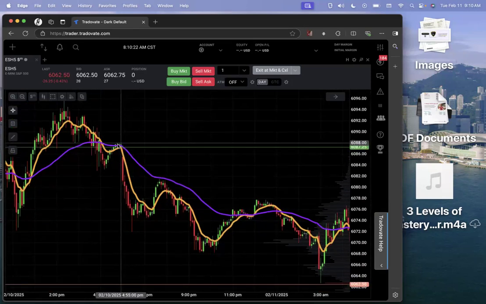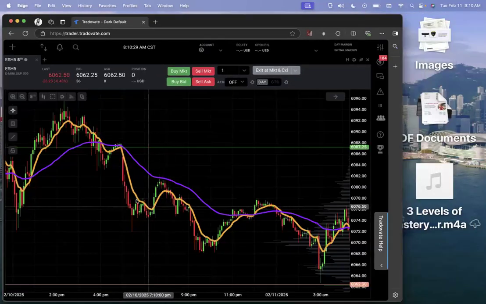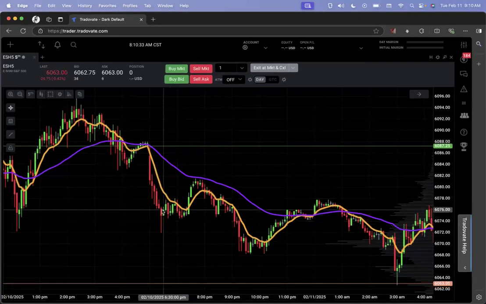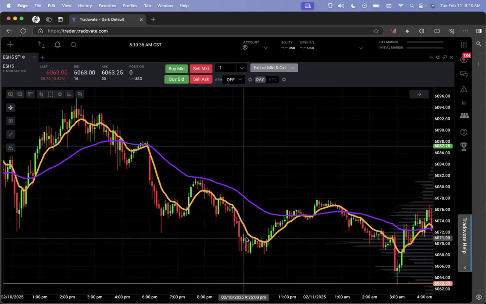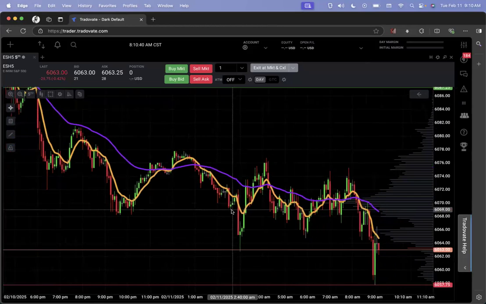The market closed somewhere around here yesterday, and then we started coming downside. With this going downside, we created a high, and we're going even further down now.